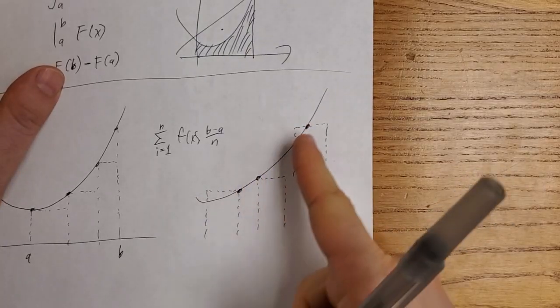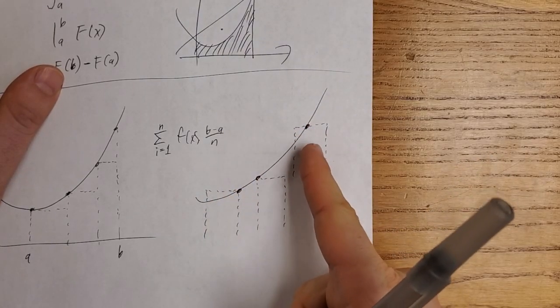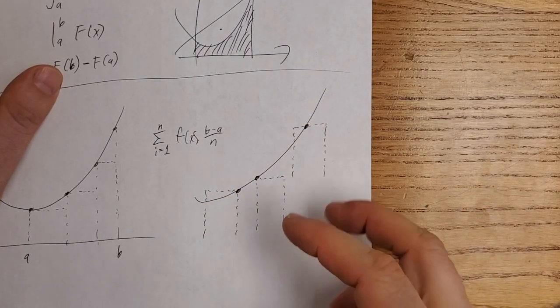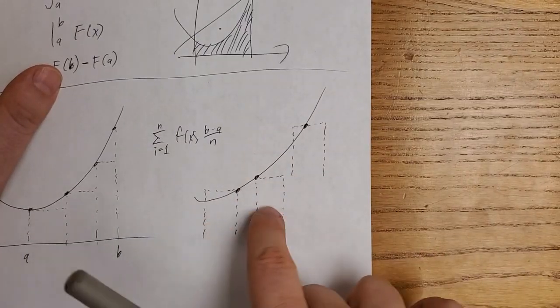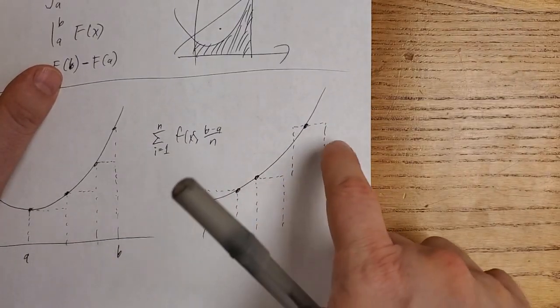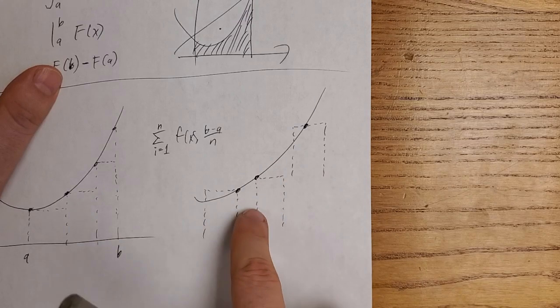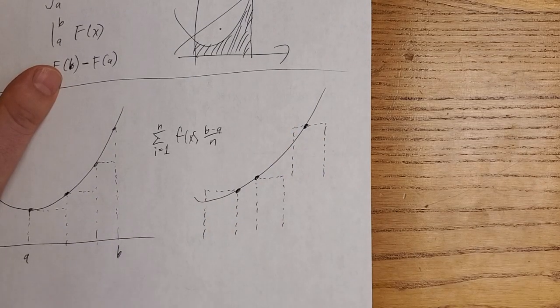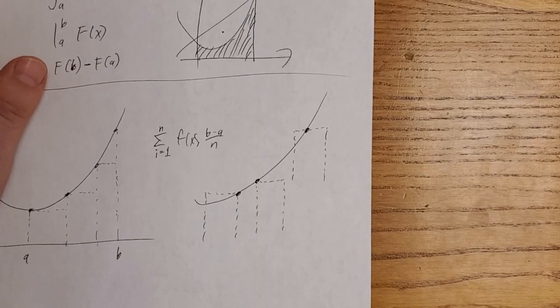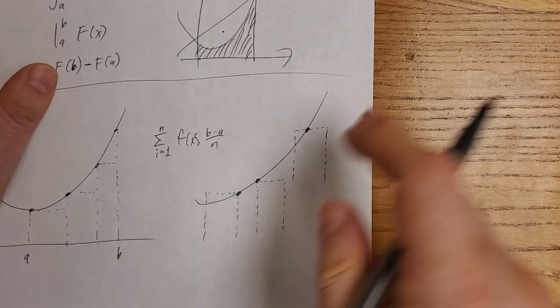Each of these will give you a slightly different estimate. They're all going to be pretty close to what it really is, but each is off by a different amount. So when you're using Riemann sums to estimate, you try to decide which one is going to get you the closest, and that's just the distinction there.